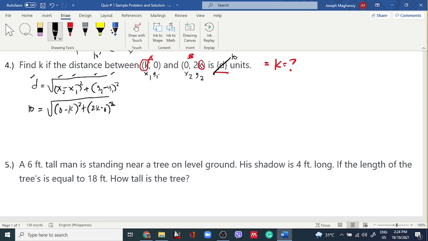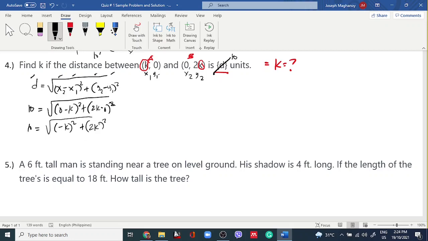Okay, so we need to remove the zeros. So what will happen? 10, square root of negative k squared, plus here it becomes 2k squared. Okay, then we combine like terms.